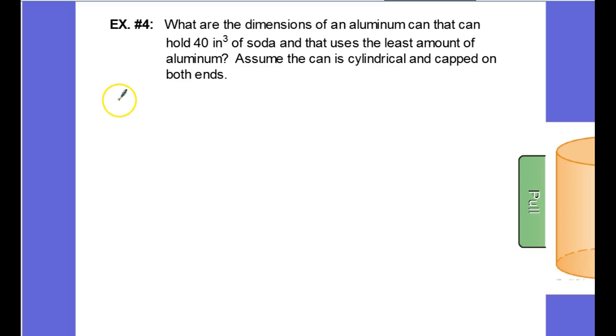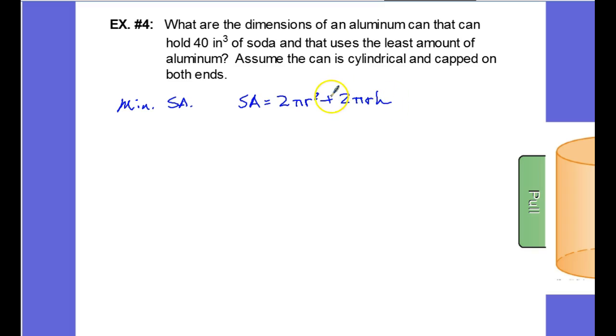So let's make a quick note to ourselves that we are minimizing the surface area, and surface area is going to be equal to 2 pi r squared plus 2 pi r h. Now, you'll notice that surface area has two variables in it. It has an r, the radius, and it has an h, the height.